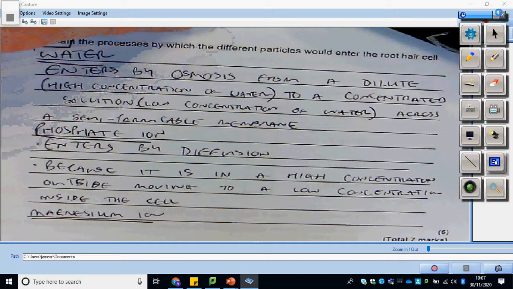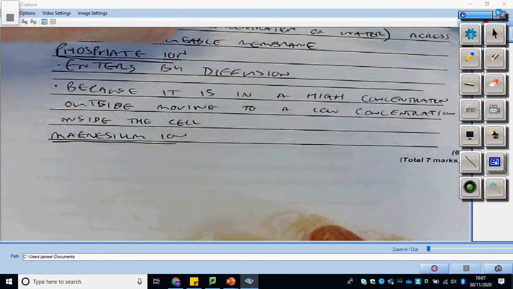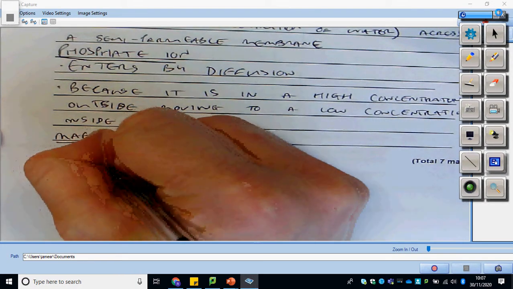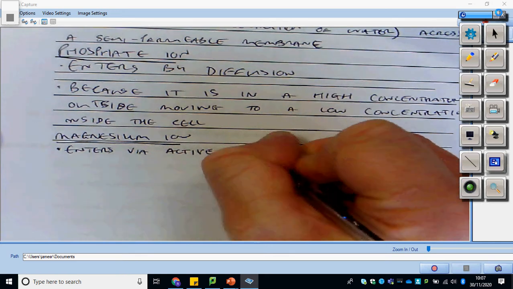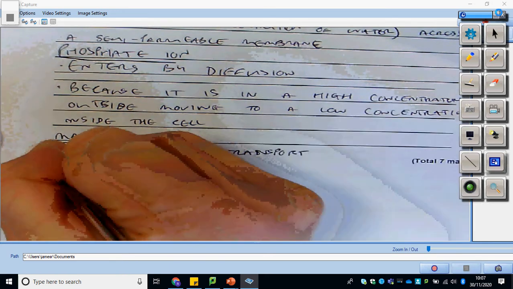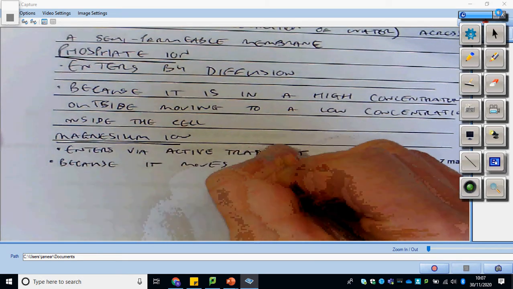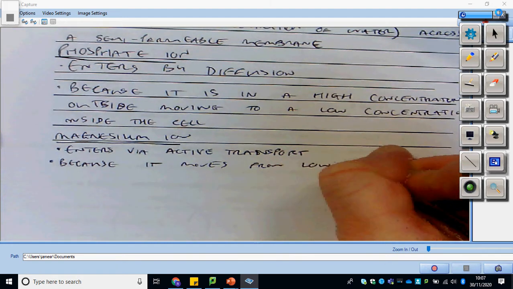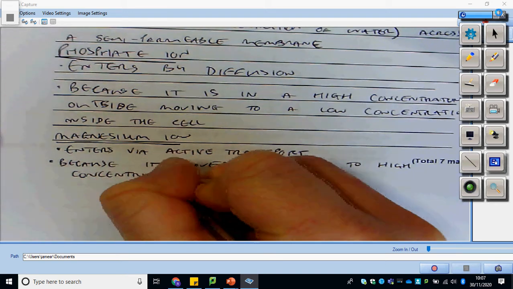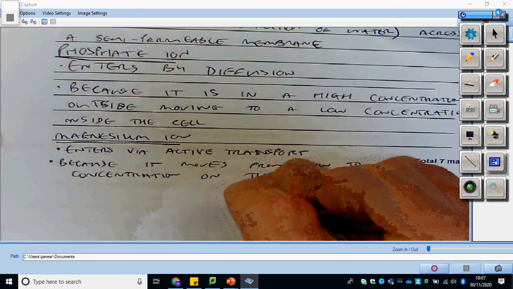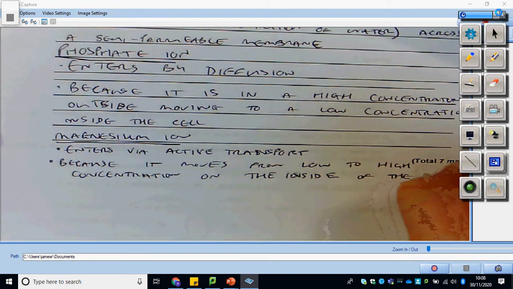Right, my last one then is my magnesium ion. Remember, it moves from low to high, and that was active transport. So here I'm going to go, enters via active transport, and then remember it's an explain, so I've got to say why, because it moves from low to high concentration on the inside of the cell.